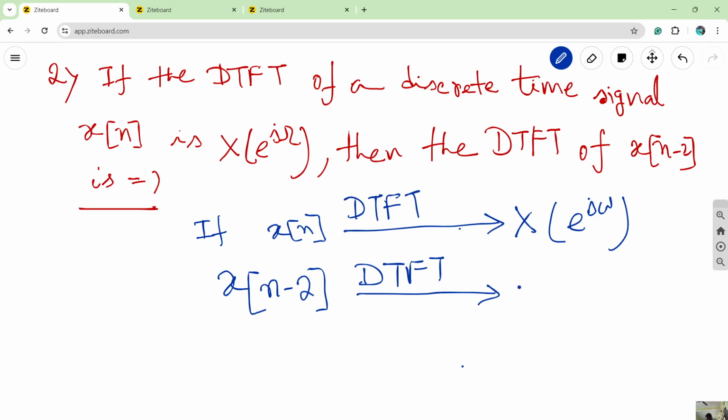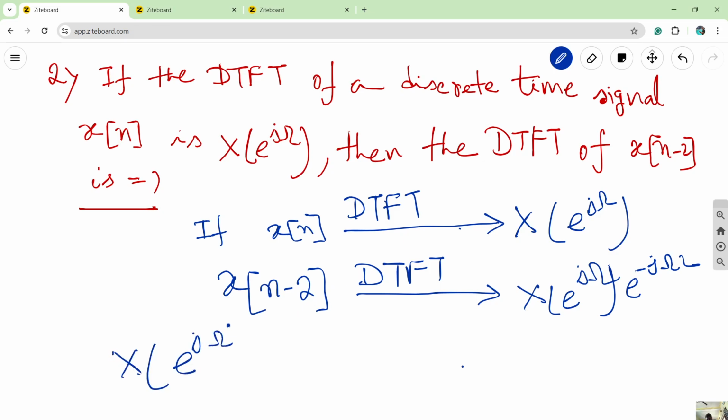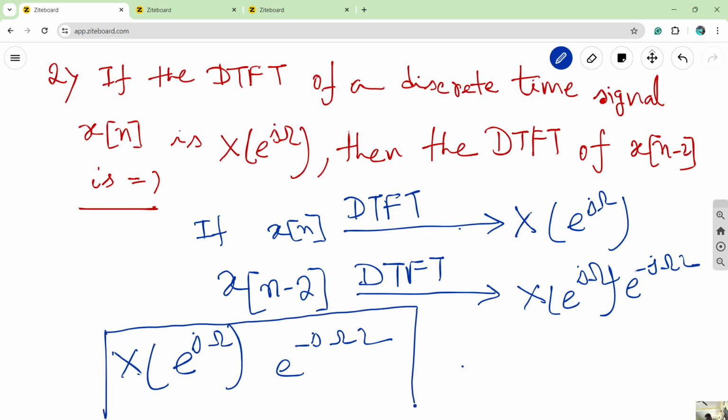That is the same X of e to the power j omega, but with a particular phase shift of e to the power minus j omega 2. Just write this omega as this because this is the discrete time sequence. So this is just the same frequency domain representation with a phase shift of j omega 2. This is the right option.